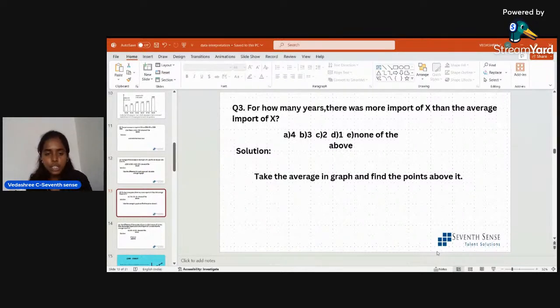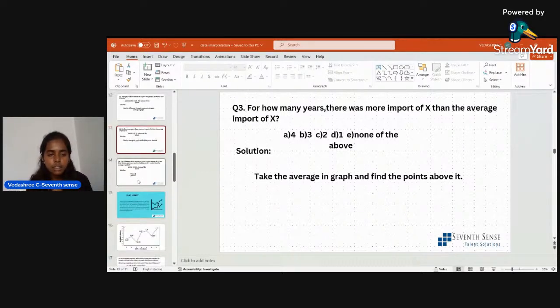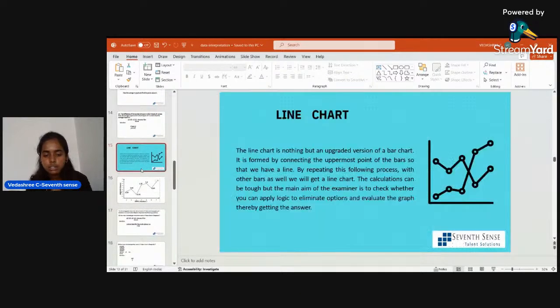That is 2 years. So the option is C, that in 2 years there was more import of X than average import of X. Understood? Shall we move on to the line chart? Understood everyone?